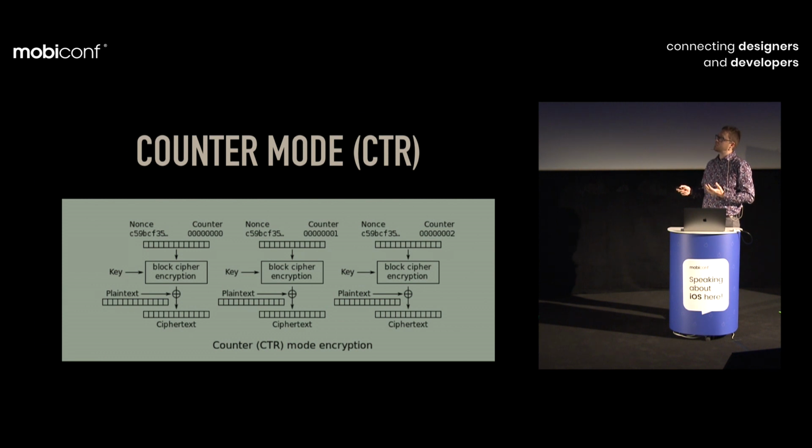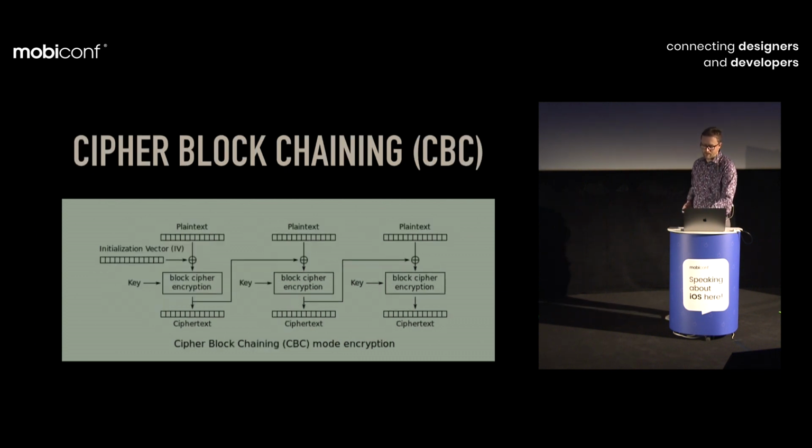Nonce is some random value. And there's no dependency between the previous block and the next block. Another property of CTR is that it makes the block cipher work as a stream cipher. So it allows us to use AES as a stream cipher. It lets you encrypt 1 byte and get the result right away.